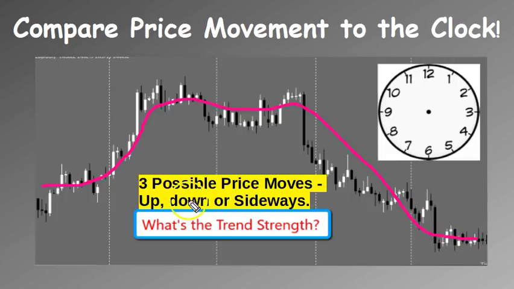So we said 3 possible price moves. Here, we are sideways, okay? We are sideways. Why? Because the minute hand on the clock is pointed to 3, or just above the 3, or just below the 3, without much deviation right there, and that equates to how price is moving on a moving average.